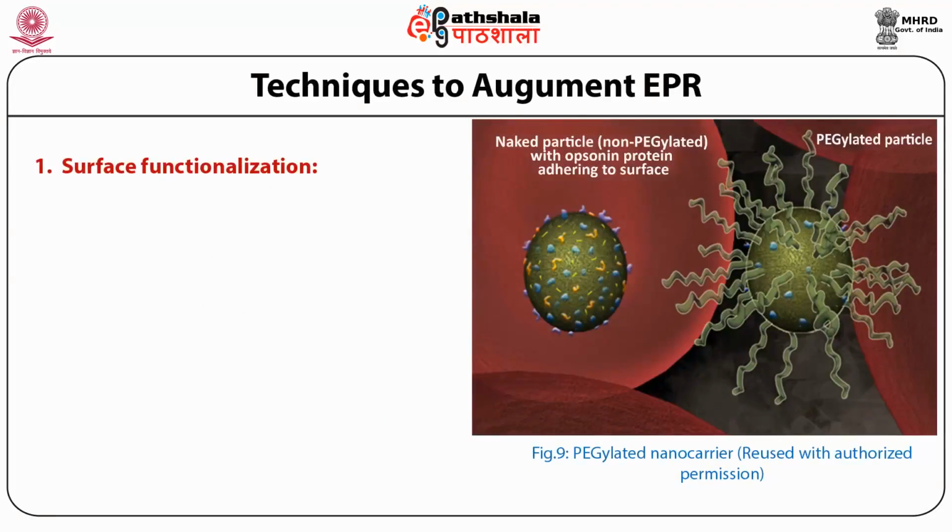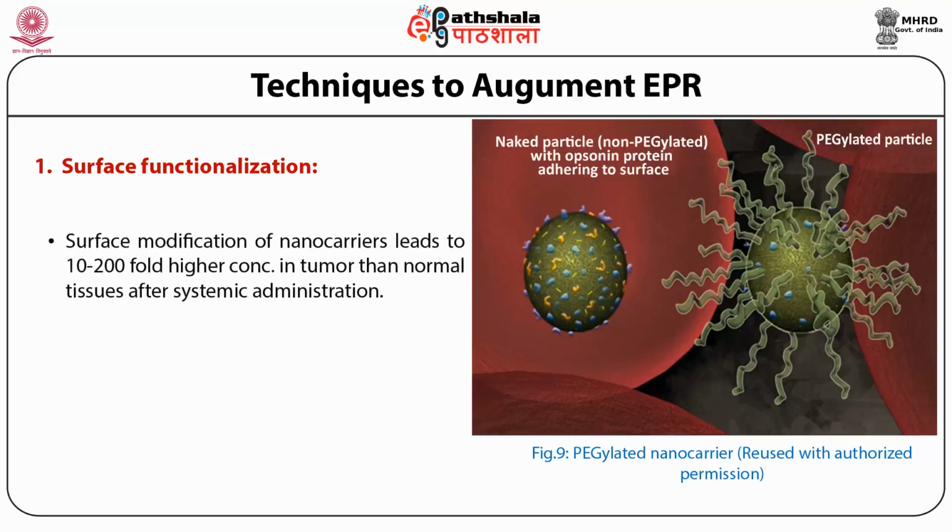This slide shows the techniques for the augmentation of the EPR effect. In order to improve the design of EPR based tumor targeting strategy, that is the macromolecular therapy, various novel targeted systems have been developed through polymer modification.